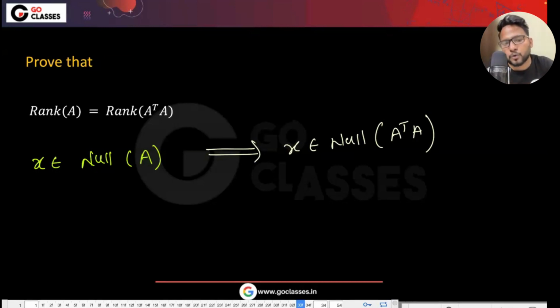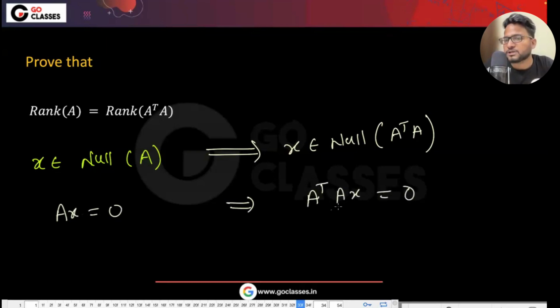See, let me just prove this. It is not very hard to prove. See, if X is in the null space of A, it means AX equal to 0. If that is so, then isn't A transpose AX equal to 0? Obviously it is, right? So basically, if AX equal to 0, then you can multiply by A transpose on both sides, and A transpose AX is definitely 0.